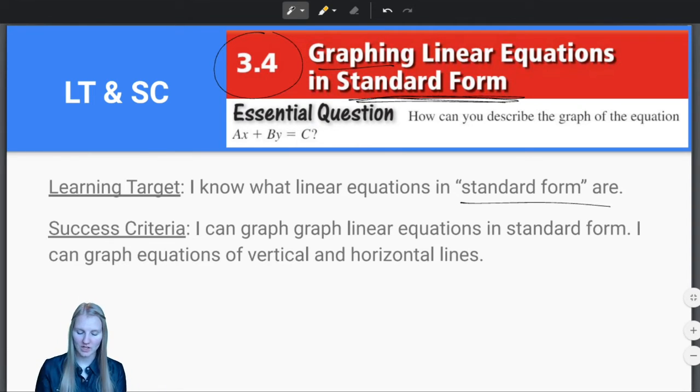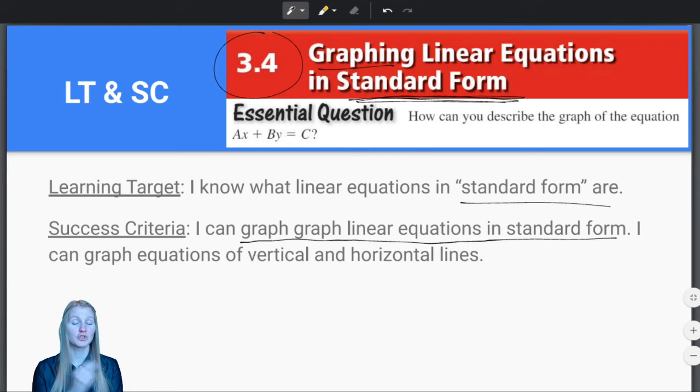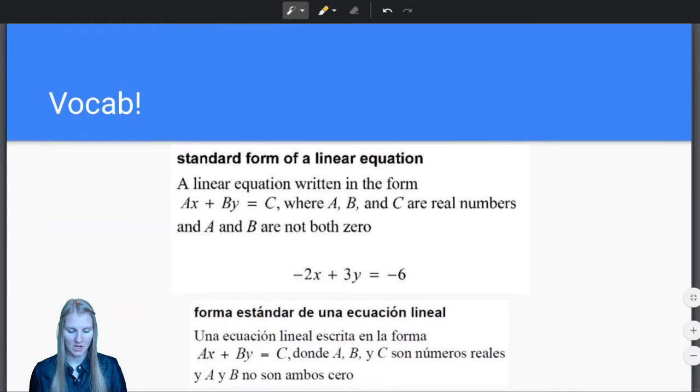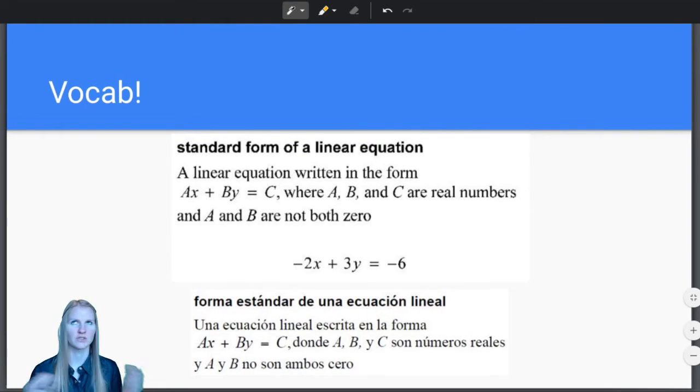Our success criteria is that you can graph linear equations in standard form, and you can graph equations of vertical and horizontal lines. Okay, so first, without further ado, what on earth is this standard form we keep talking about?